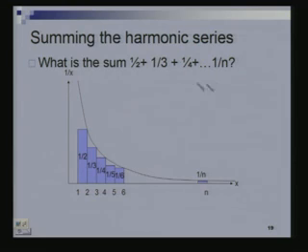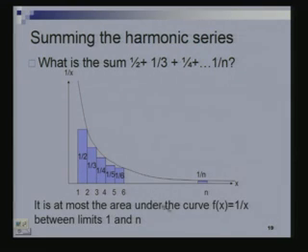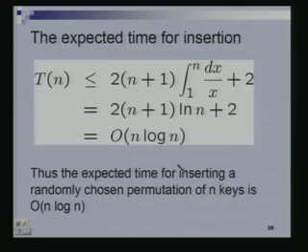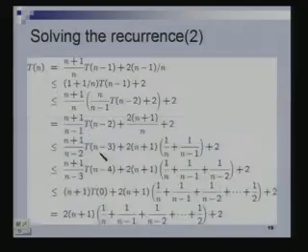So this sum is at most the area under the curve f(x) equals 1/x between the limits 1 through n. Now recall what our T(n) was. T(n) was 2 times (n+1) times this harmonic sum plus a 2.